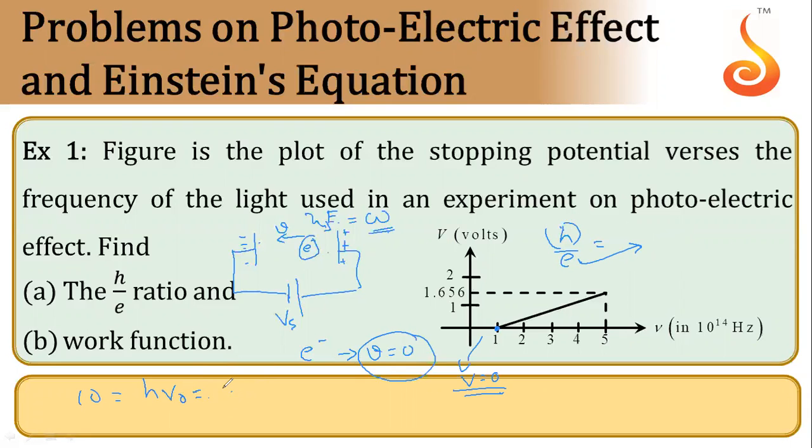So just substitute the values: 6.624 into 10 raised to power minus 34, that's Planck's constant, into nu naught frequency, that is 1 into 10 raised to power 14. So we are getting this value, and that will be your work function.